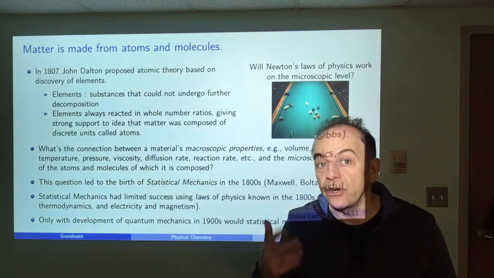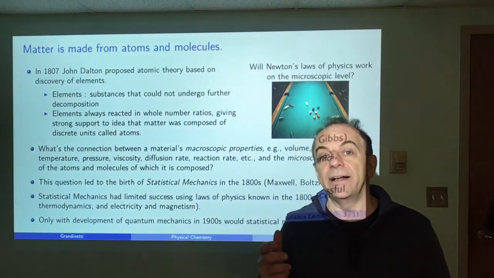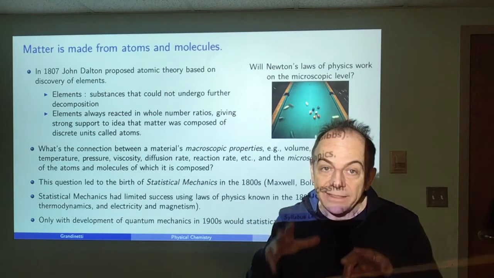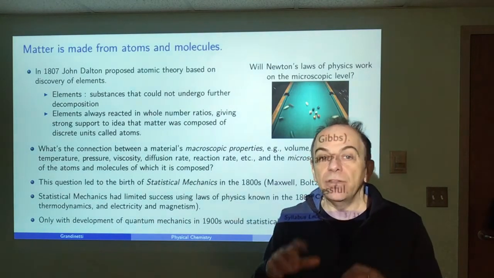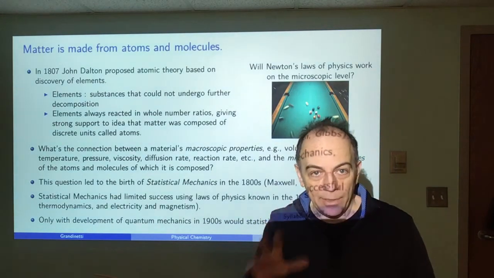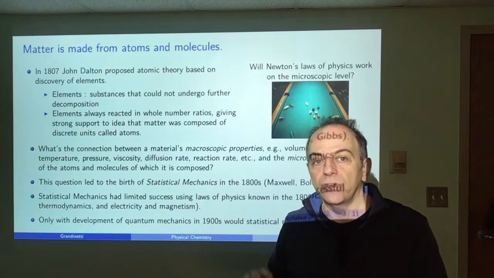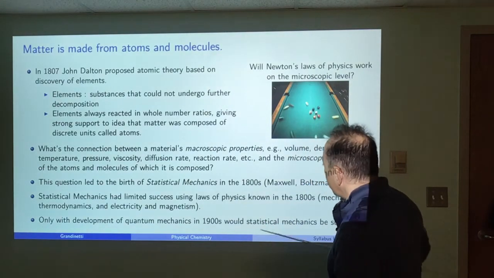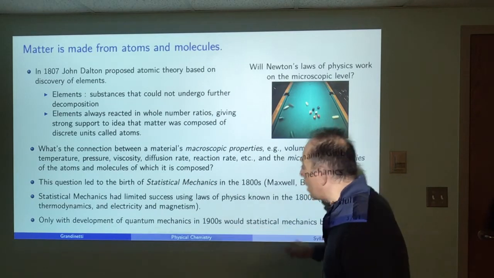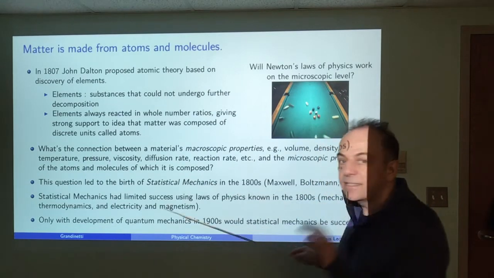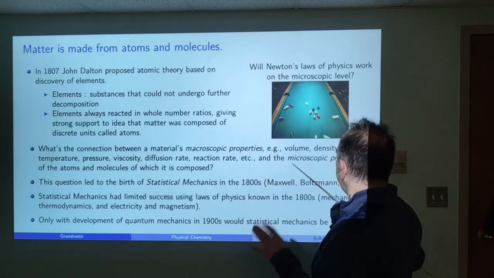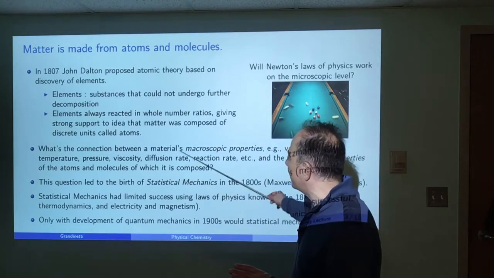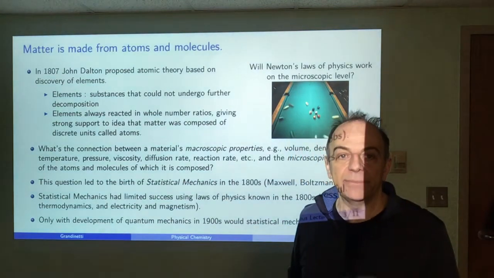So it was around the turn of the 1900s that we understood that at the microscopic level Newtonian physics doesn't apply, that we have to switch over to applying quantum mechanics. But when you do, then statistical mechanics, taking quantum mechanics into account, does now consistently give us connections between microscopic properties and macroscopic properties of materials.